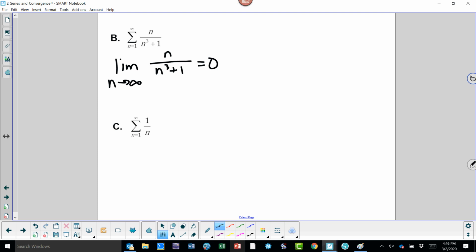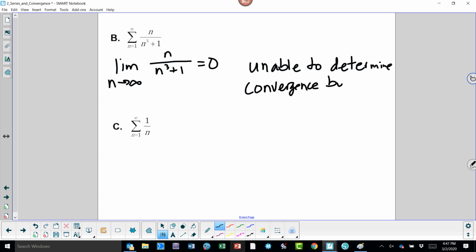So the test is inconclusive, or you can just say that we're unable to determine convergence by the nth term divergence test.